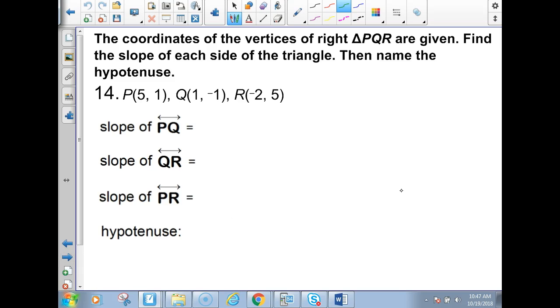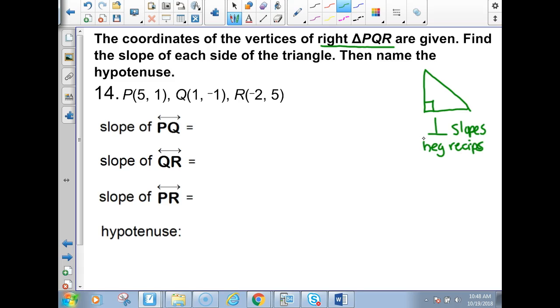Yep. The coordinates of the vertices of a right triangle. Okay, so we know that this is a right triangle, which means two of the sides form a 90-degree angle, which means they will have perpendicular slopes, meaning the slopes are going to be negative reciprocals.